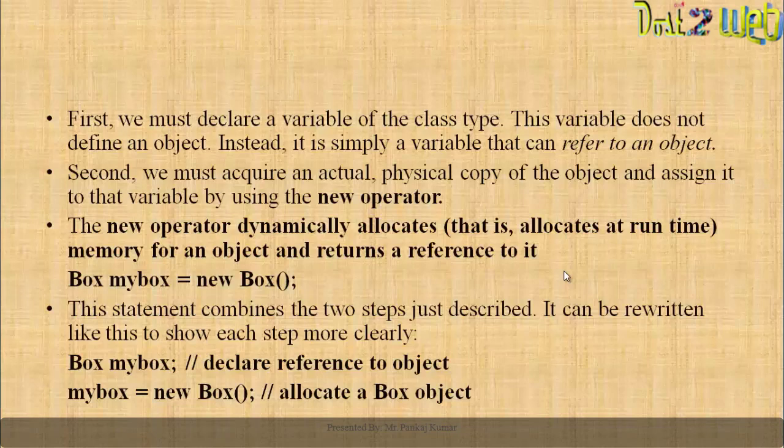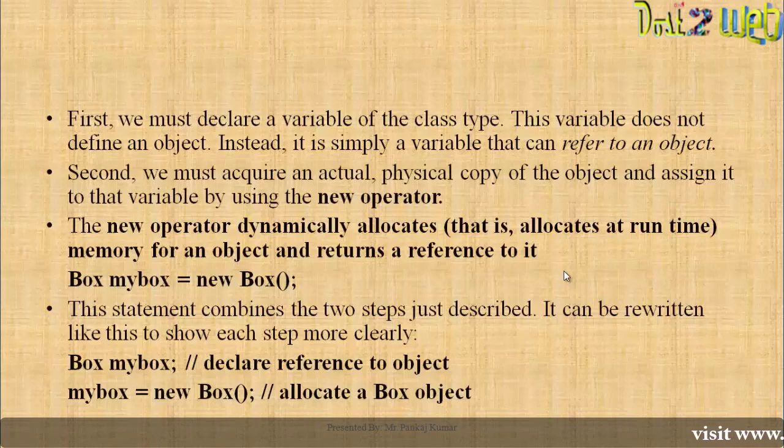Okay, and why are we using the new operator here? Because it allocates the memory dynamically. We have studied in C programming malloc, calloc, that memory allocation, then deleting those memories. So in Java, when you create the object, it should allocate the memory at runtime.